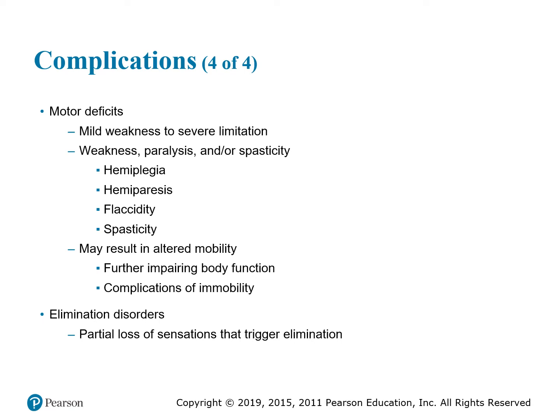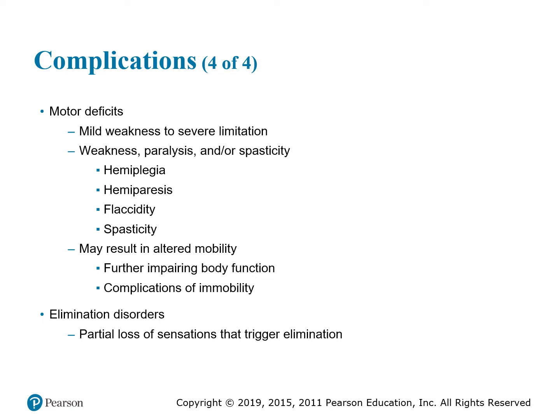Motor deficits resulting from stroke may result in altered mobility. So you may see multiple body systems affected, and include orthostatic hypotension, increased thrombus formation, decreased cardiac output, impaired respiratory function, osteoporosis, and so forth. Because we have these issues with immobility that affects these particular body parts, okay?